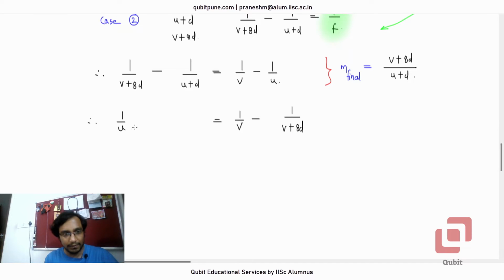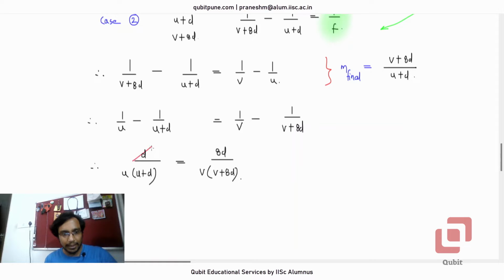Okay, so effectively we are doing 1 upon U minus 1 upon U plus D is equal to 1 upon V minus 1 upon V plus 8D. Take the LCM, U plus D minus U, so that will be D upon U into U plus D is equal to V plus 8D minus V, so that will effectively be 8D upon V into V plus 8D.